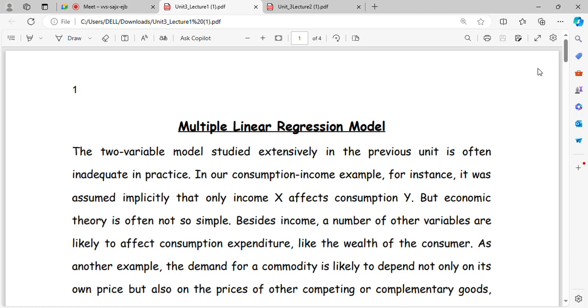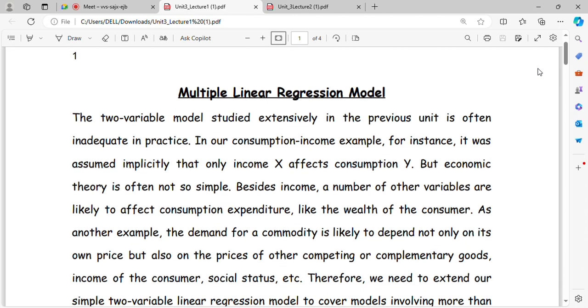But economic theory is often not so simple. Besides income, a number of other variables are likely to affect consumption expenditure, like the wealth of the consumer.